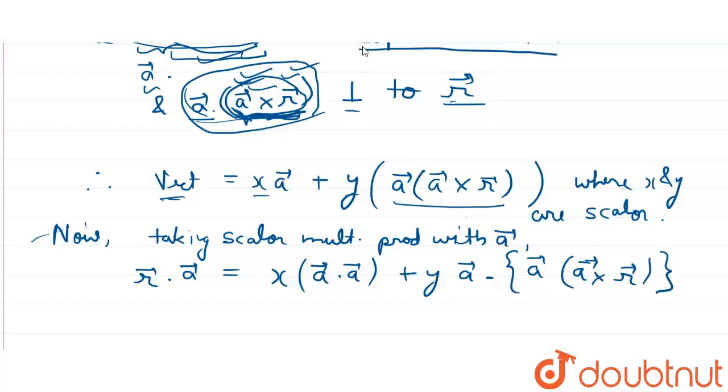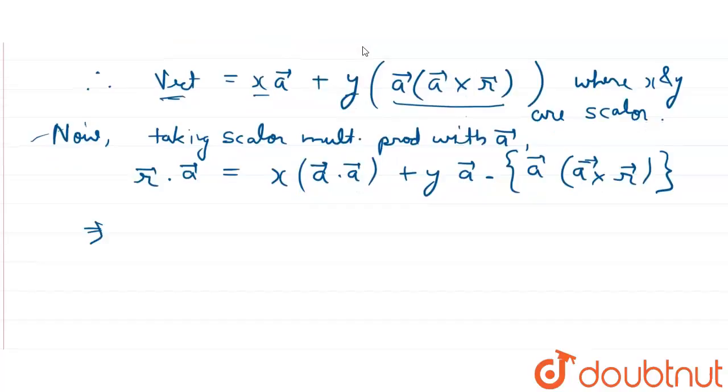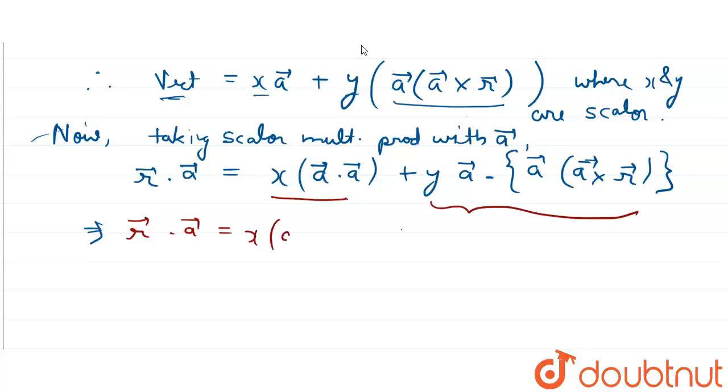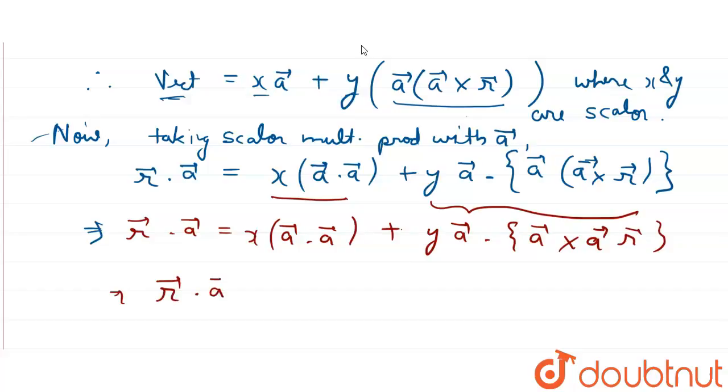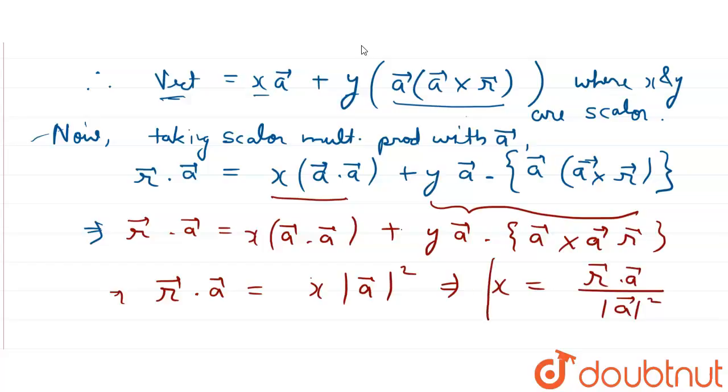Now this a vector dot a vector cross r vector term is zero, so r vector dot a vector equals x mod of a squared, and now x equals r vector dot a vector upon mod of a squared. Okay, so here we get the value of x.